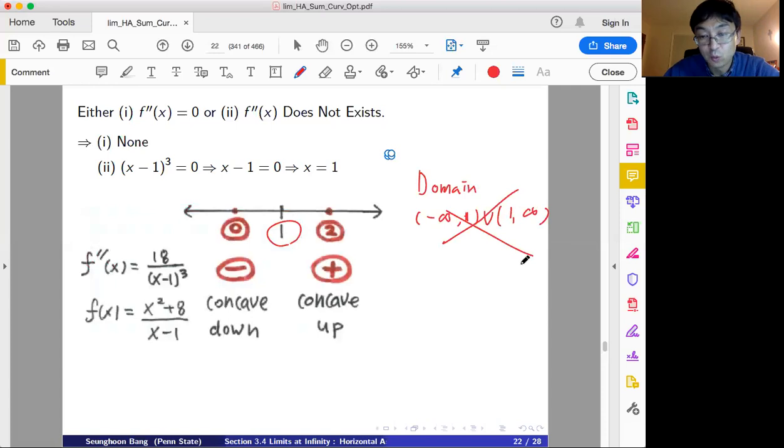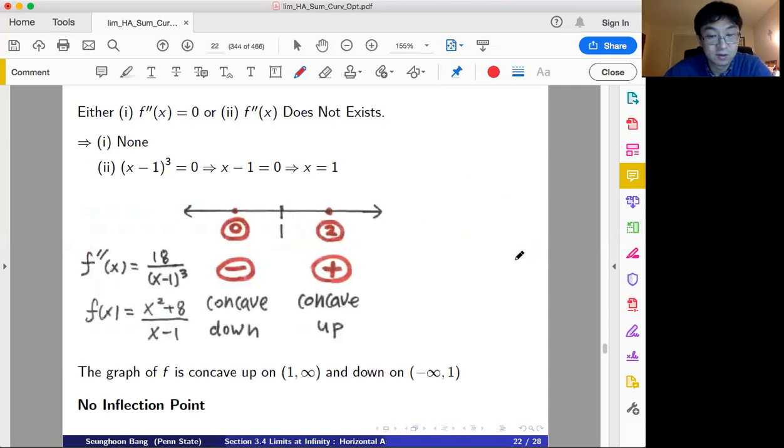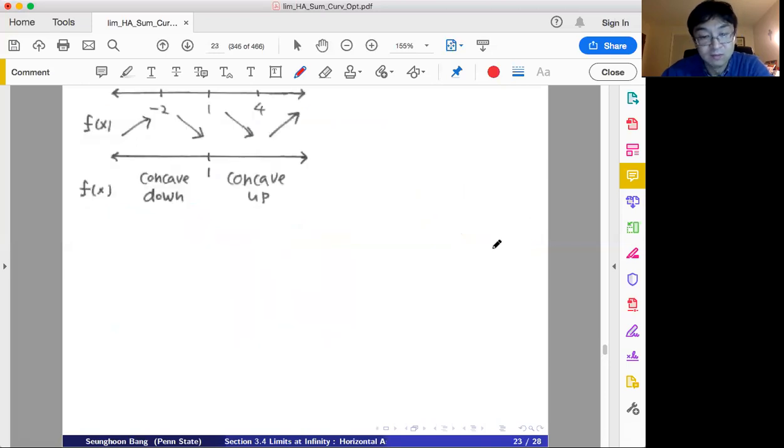So what does it mean? We don't have an inflection point, because 1 is not in the domain. So you can combine these two results, and the domain is all real numbers except 1.